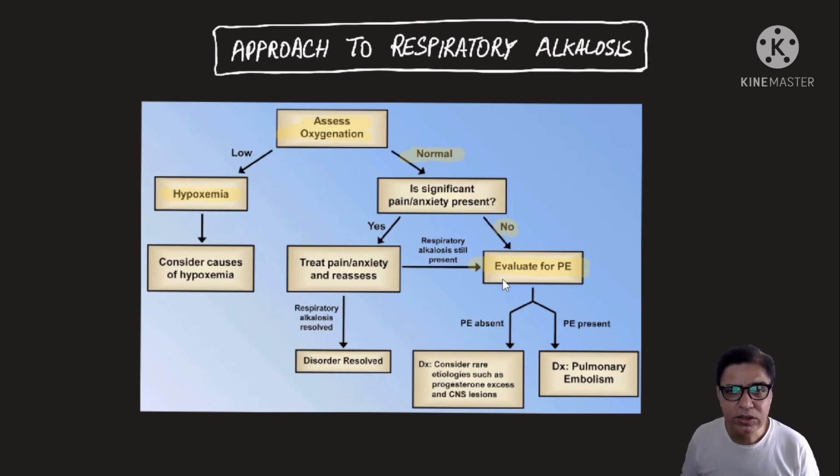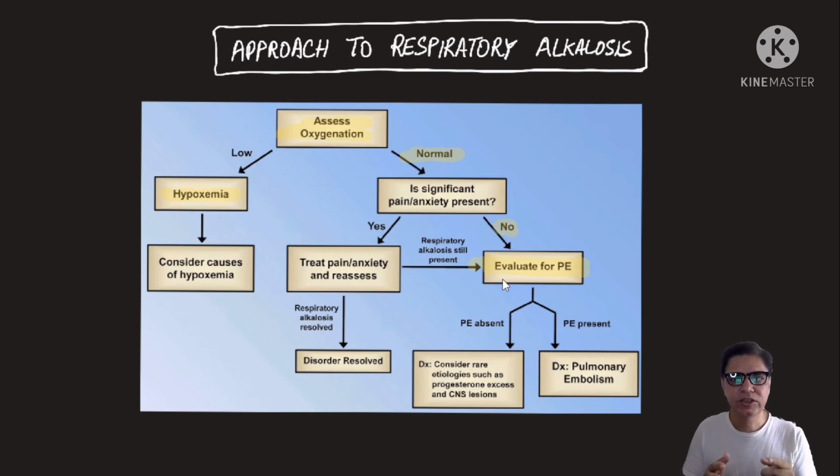To summarize all this in one paragraph or a few sentences: you always take a venous or a capillary sample, and start with pH less than 7.35, acidemia, or greater than 7.45, alkalemia. Then see the primary disorder. If the pH and PCO2 are moving in opposite directions, then it's a respiratory problem.